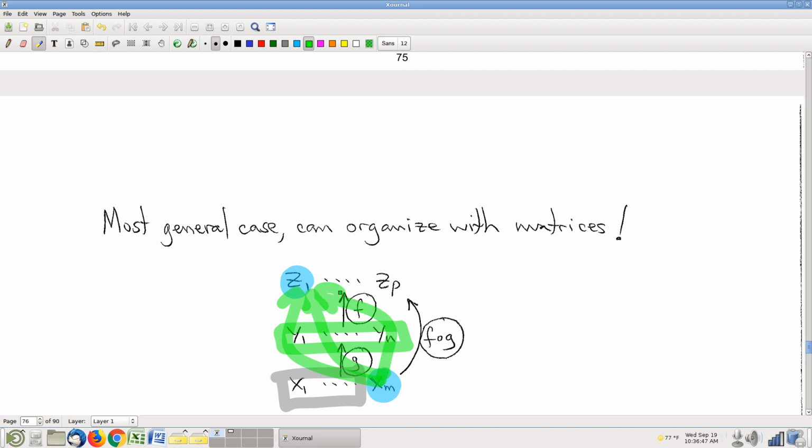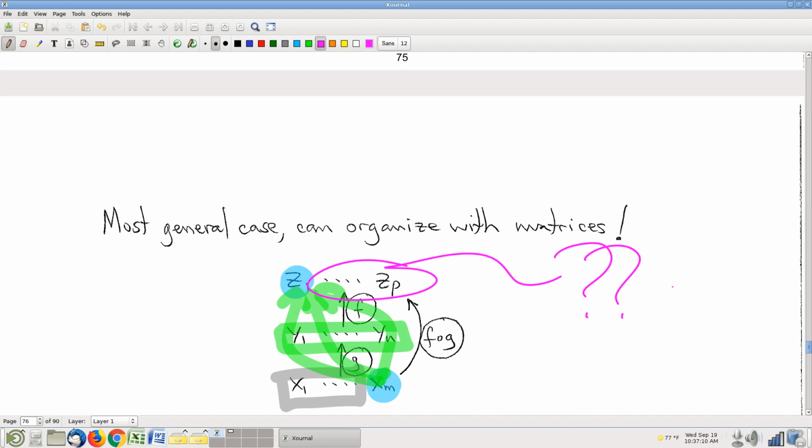And notice that in this discussion, all these other variables here don't come up at all. They're just not part of the question, right? They're not really relevant. If I want to know the partial of Z1 with respect to XM, I don't care what ZP thinks. Everybody happy with that? They're separate questions.